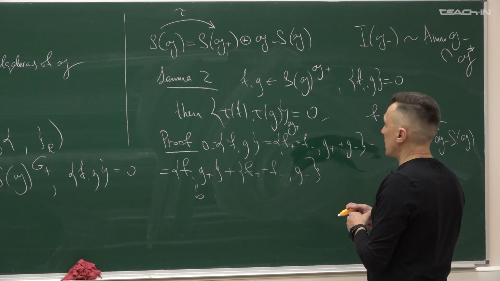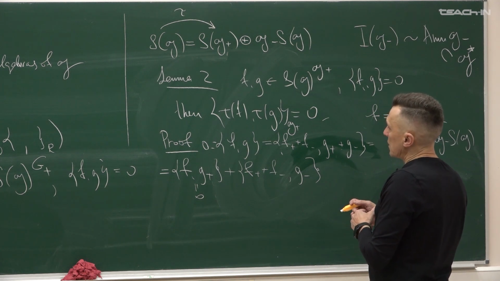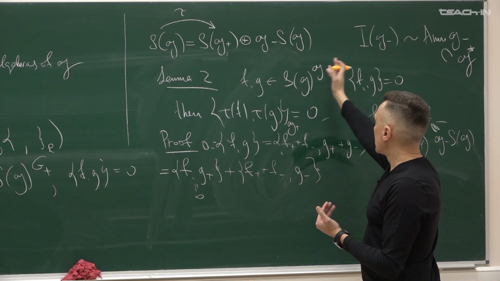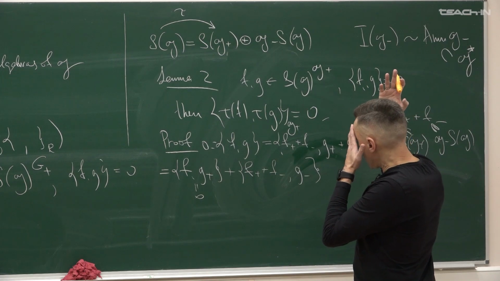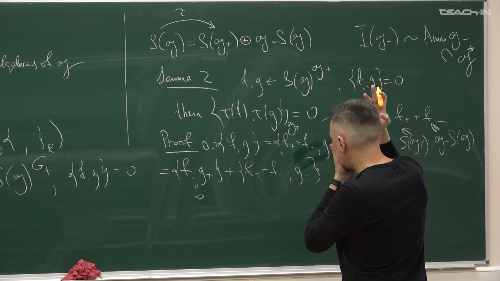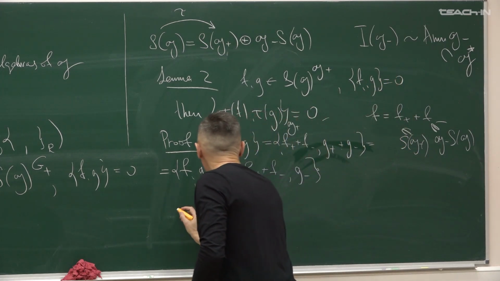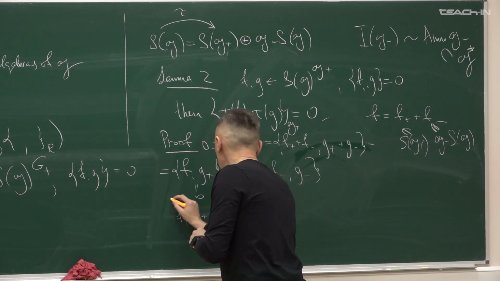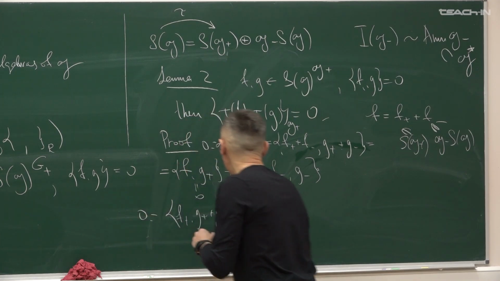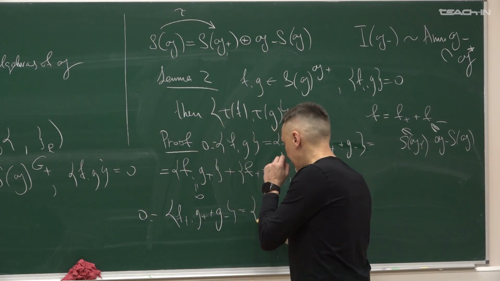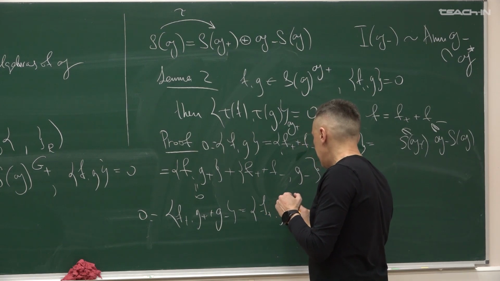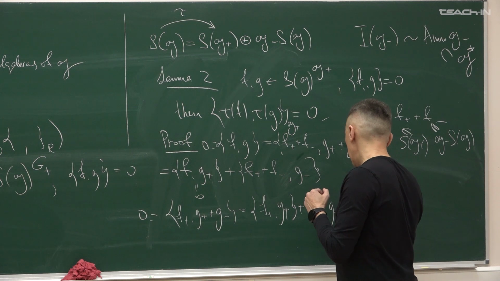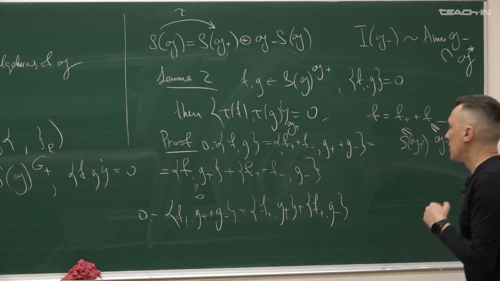And now I have to use the invariance of the function g with respect to g plus. It means that the bracket of f plus with g plus plus g minus is also 0, so the bracket of f plus and g plus plus the bracket of f plus and g minus is equal to 0.